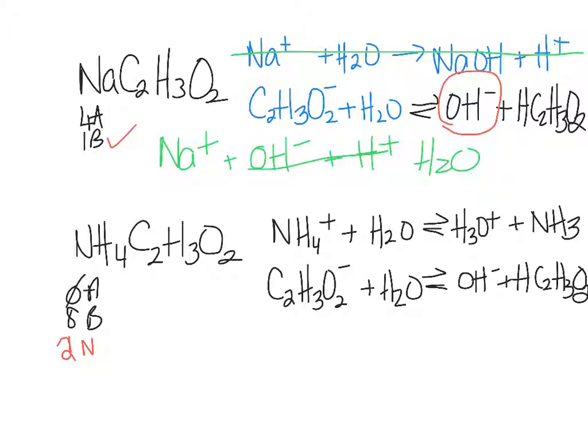So now, because we've got a weak acid base conjugate pair, you've got to see which one of these two is the strongest. So you've got to compare the Ka for the ammonium ion to the Kb for the acetate ion. Look it up in your textbook.